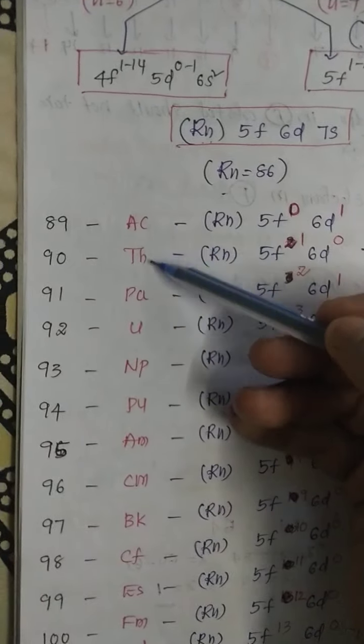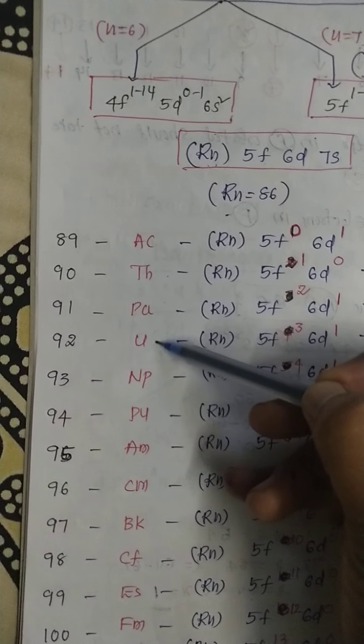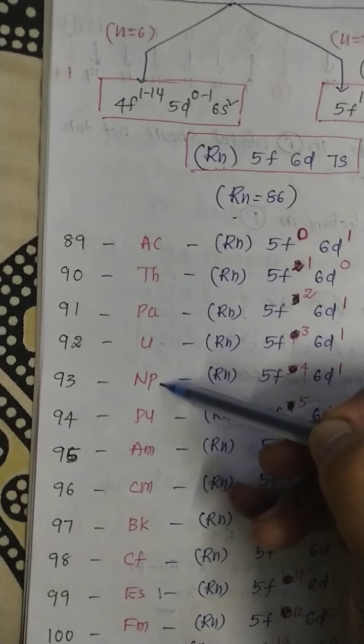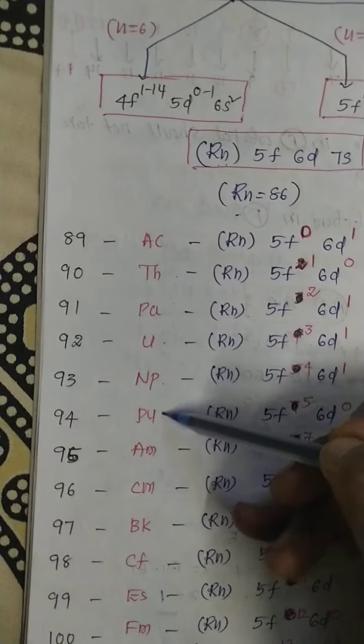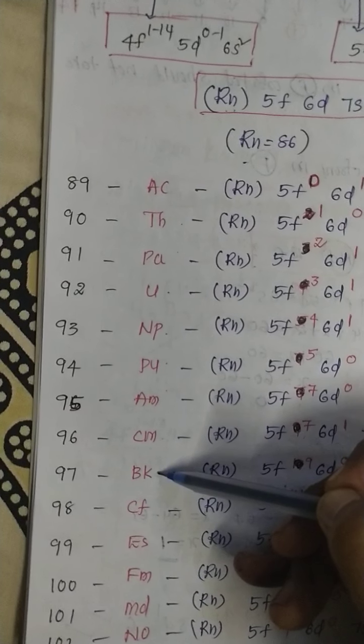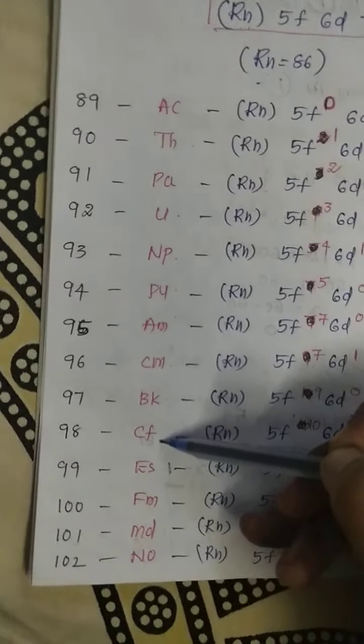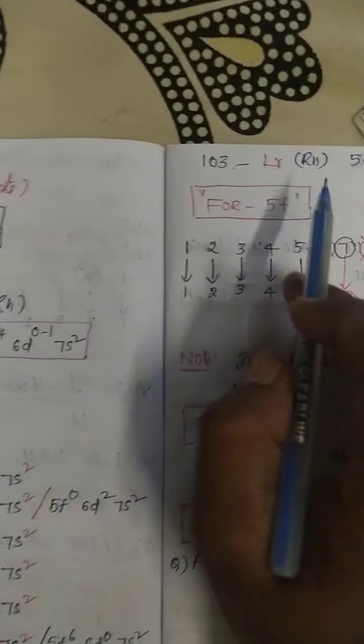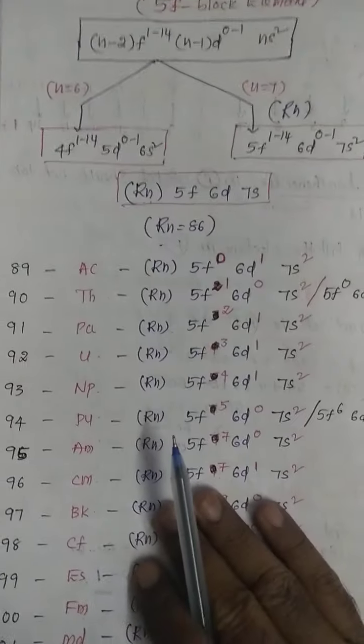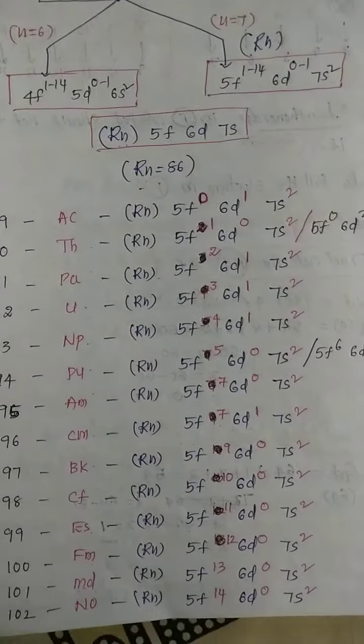Thorium, protactinium, uranium, neptunium, plutonium, americium, curium, berkelium, californium, einsteinium, fermium, mendelevium, nobelium, and the last one is lawrencium. So these are generally the elements of the actinide series.